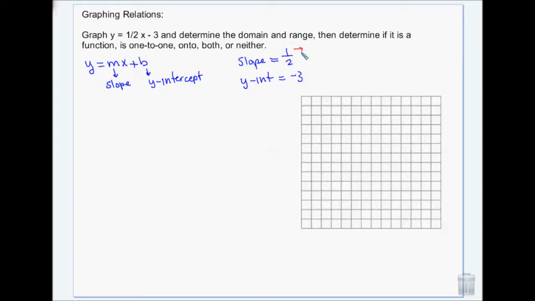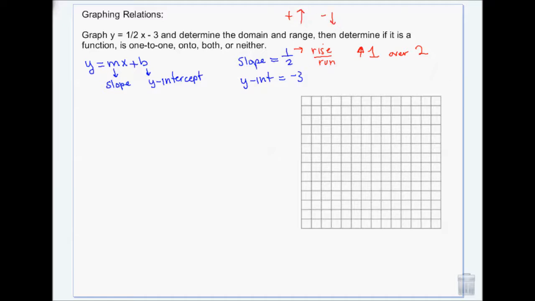Slope is rise over run. It's positive 1/2, that means I'm going to go up 1 over 2. If it was negative, I'd go down 1 over 2. So positive means you move up, negative means you move down.